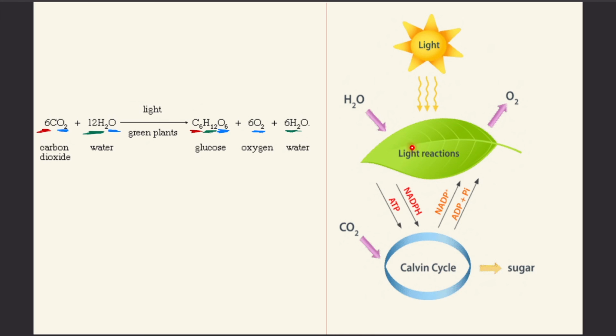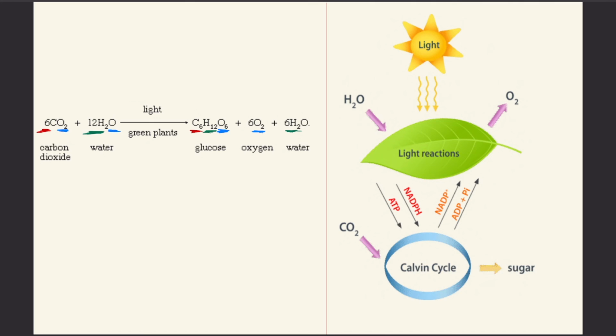And then through the light reaction, it produces ATP and NADPH, which is the energy to start to go through the Calvin cycle. And in the Calvin cycle, NADP plus and ADP plus phosphate are given off, as the energy in these two is already used. So it goes back to the light reaction.